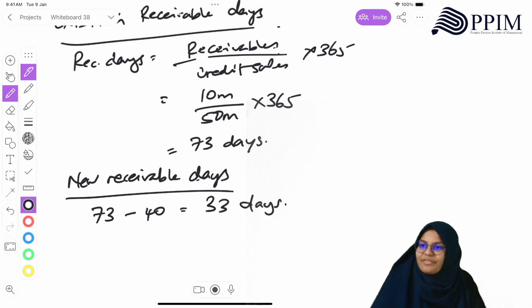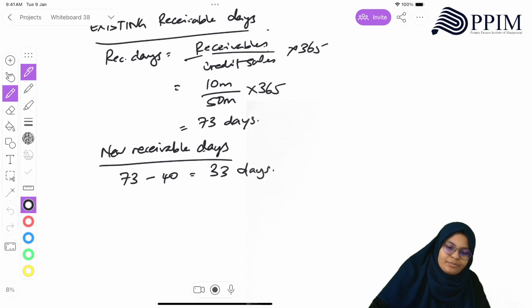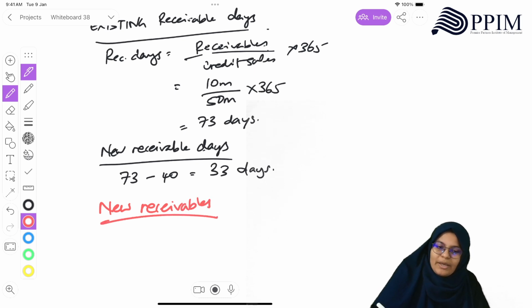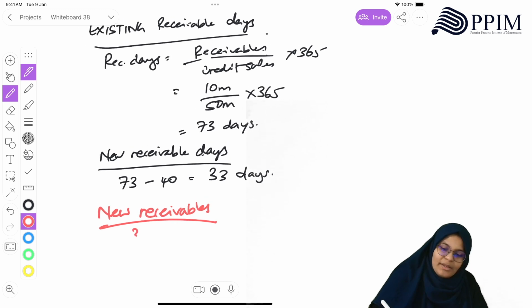Okay. Now, if the receivable days is going to change, then the receivables figure will also change, right? So that also we have to cater now. New receivables figure. Same equation I am going to use. If the receivable days is going to be 33, how much will the receivables be?